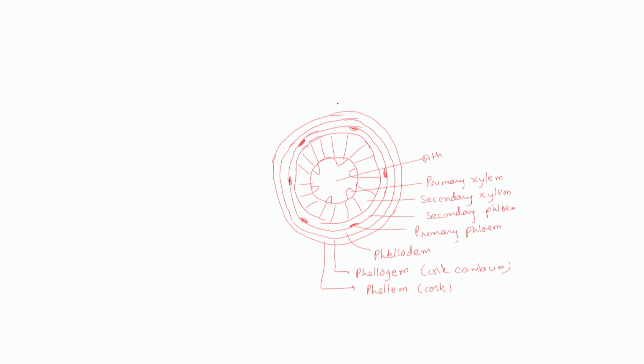Above, you will find some crushed patches of epidermis, which may be visible or may not be. We can assume that some crushed patches of epidermis will be there. So in this way you will find different layers.